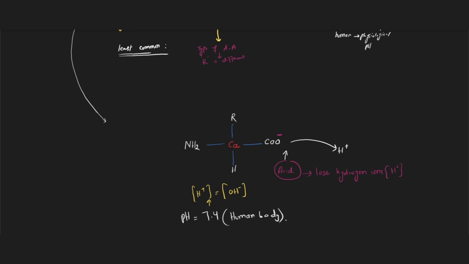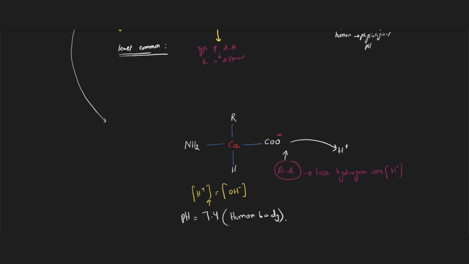At the physiological pH of 7.4, when the hydrogen ion and hydroxyl ion concentrations in the system are equivalent, the carboxylic acid will lose its hydrogen ions in the medium, and it will behave as an acid.